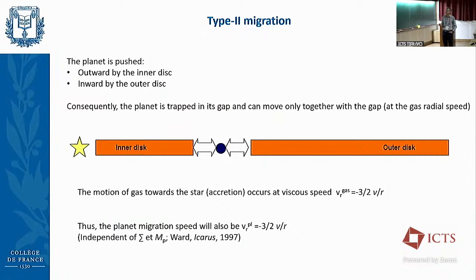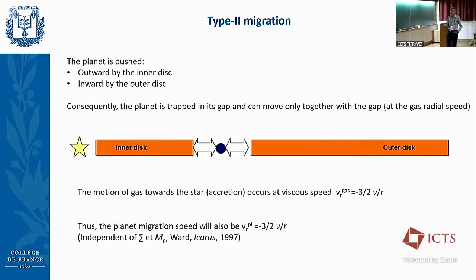So at what speed can the gap move towards the star? It can move only at the viscous radial speed of the gas, because the disk has some viscosity. The gas is drifting towards the star, is spiraling towards the star. That's why protoplanetary disks are also called accretion disks. They bring gas to the star.